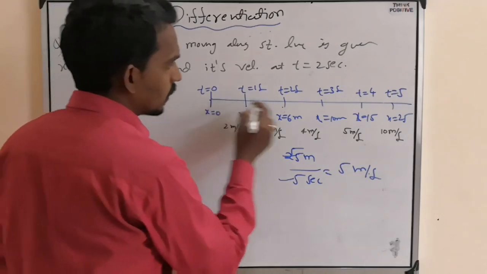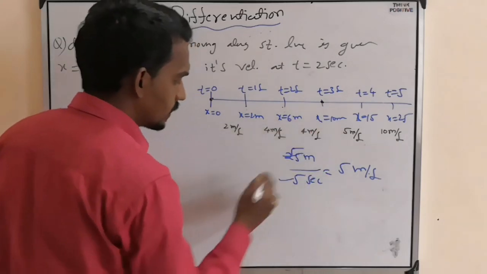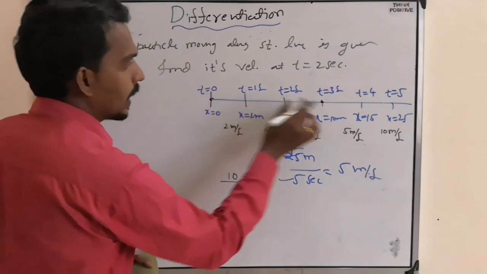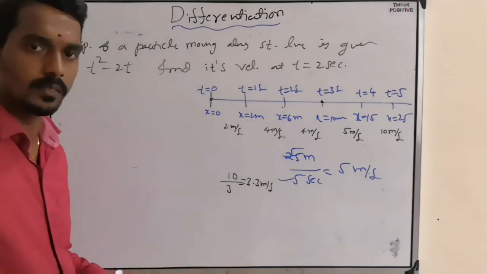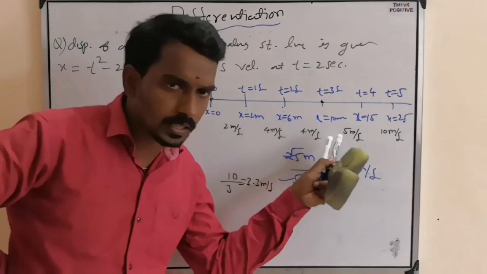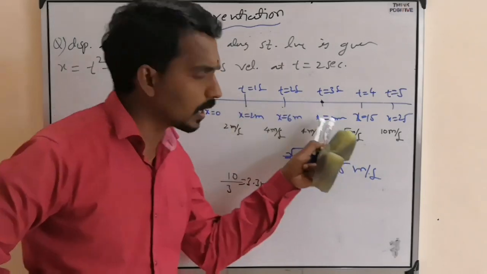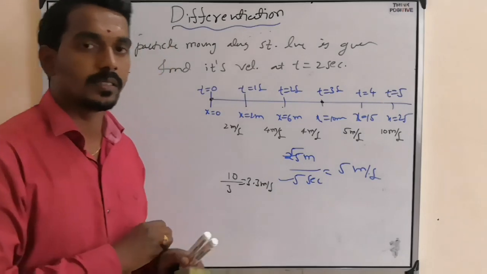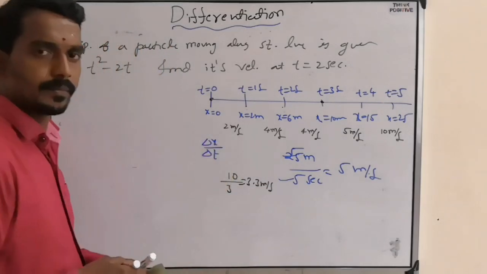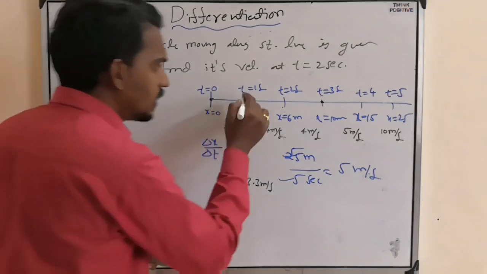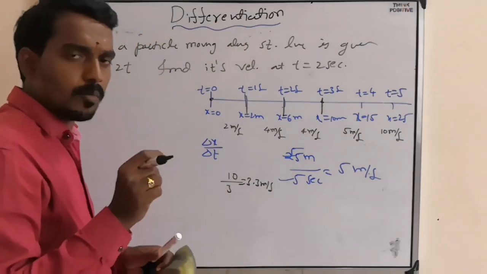Or else from here to here, you take 0 to 3 seconds. The distance covered is 10 and the time taken 3. So 3.3 meter per second. Now from one instant to another instant, one position to another position, one time to another time, average is nothing but delta x by delta t. But at this time or this time, now the time interval is how much? 0.